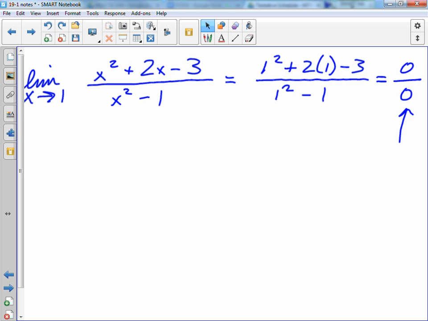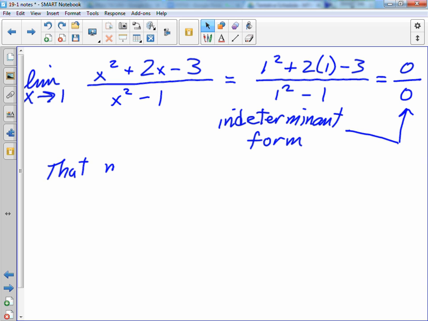This is called indeterminate form. Basically, it's not saying it's undefined. It's not saying an error. It's saying we don't know yet. Indeterminate. So that means we can't determine it.